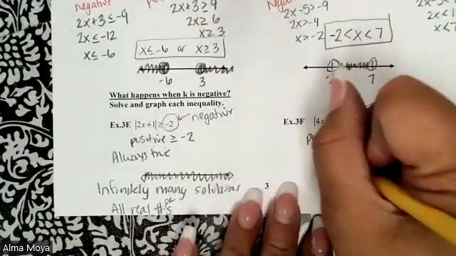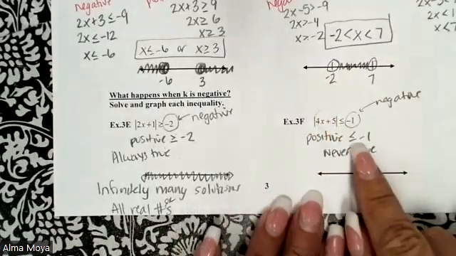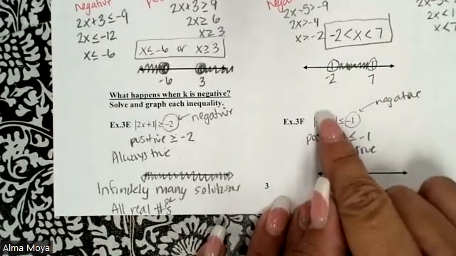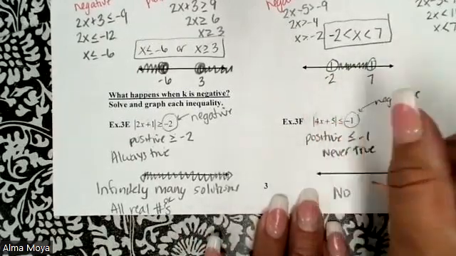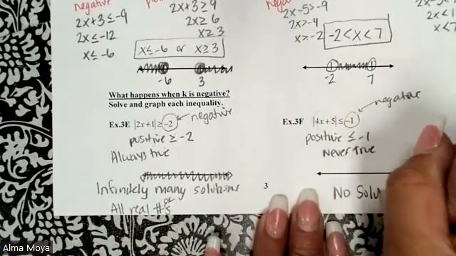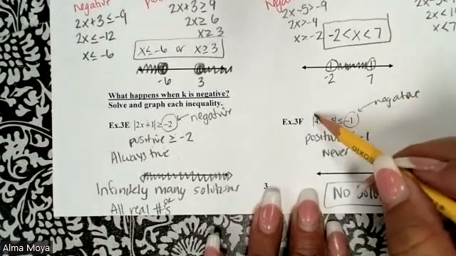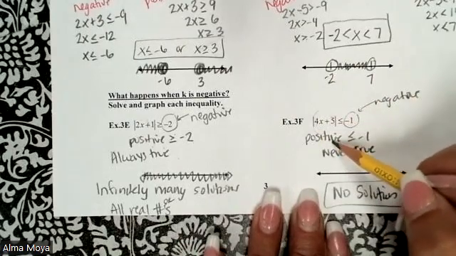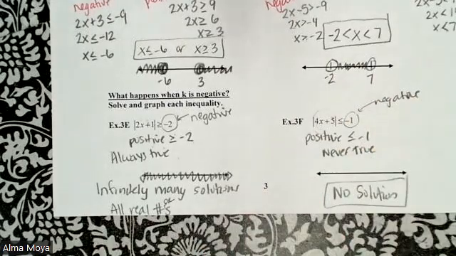This is never true. So because this is never true, there's no number I can ever plug in here to make this true. So the number line is going to be empty and it's going to be no solution. So think of it logically. Absolute value has to be a positive. Will a positive number ever be less than or equal to -1? No, it will not.